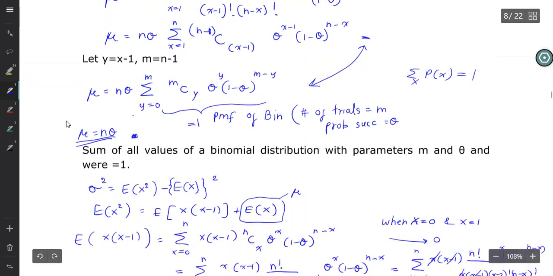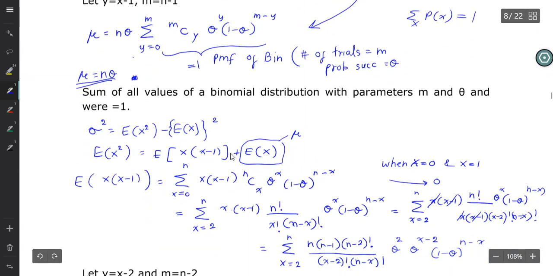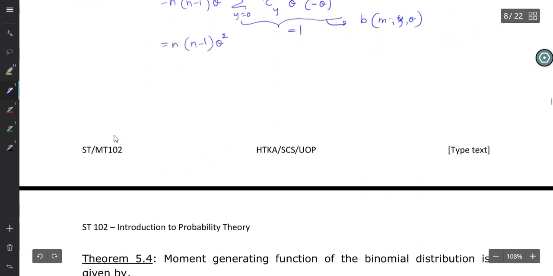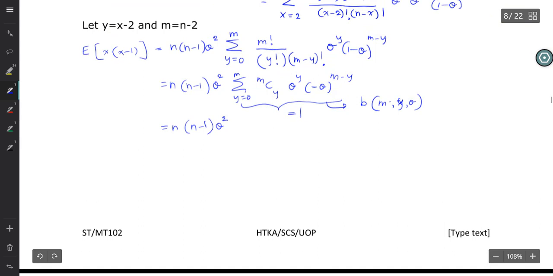So go back to our variance term. We have found an expression for E[X(X minus 1)]. We already know the formula for E[X], which is the mean, which is n times theta. So let's replace these values in our variance term. So our expected value of x times (x minus 1) becomes n times (n minus 1) theta square, minus n theta. This is E[X], right?